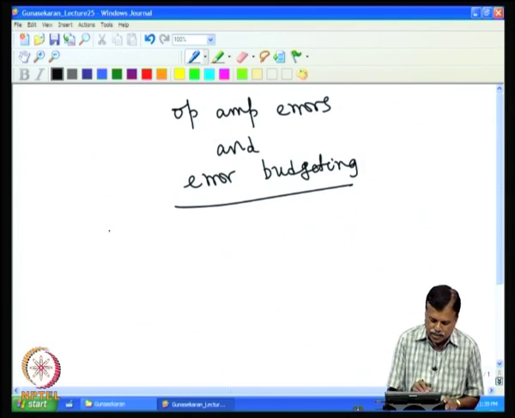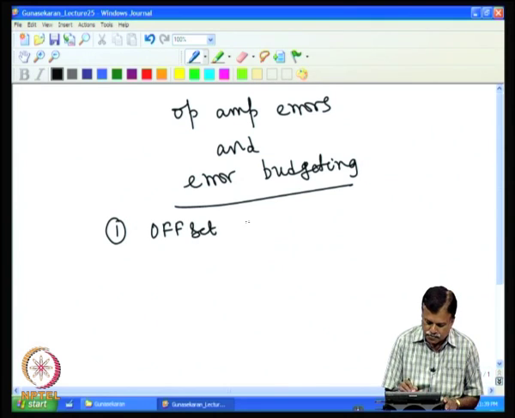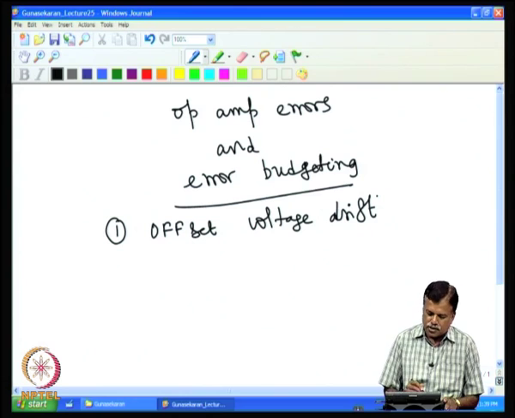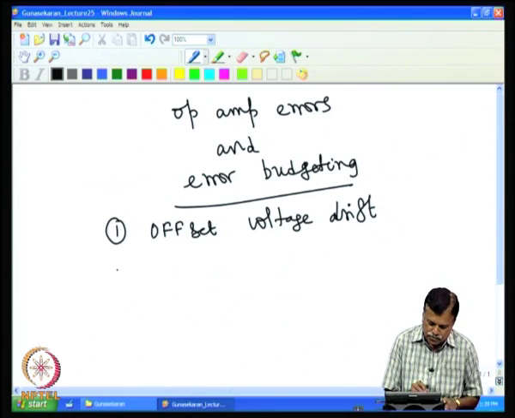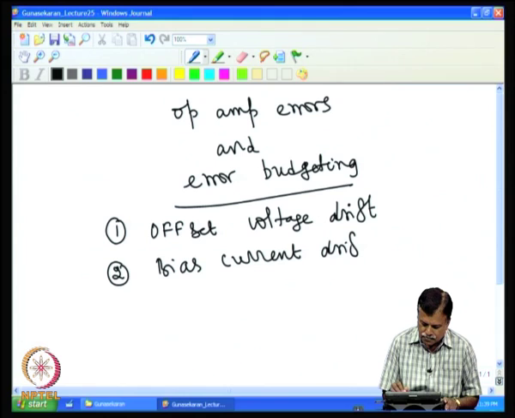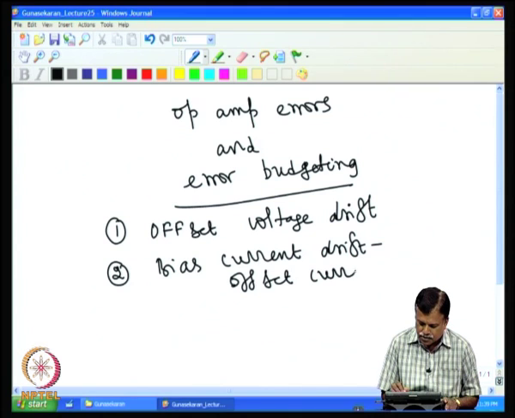The errors involved are offset voltage drift, which we already discussed and will see more about, then bias current drift or offset current drift, which we will look at together.